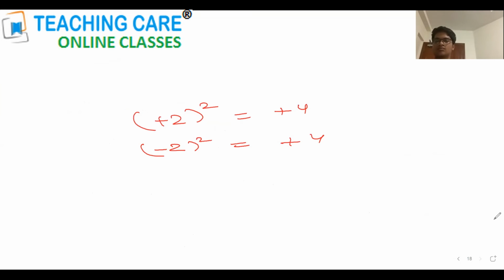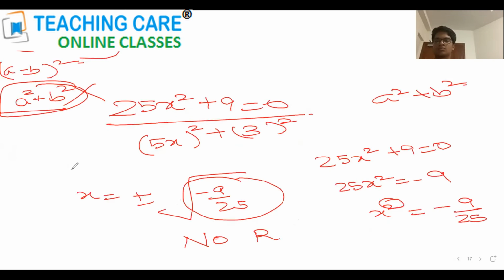That's why we apply plus and minus in front of the root like this. One is positive, another is negative. Got it? Think of it, yes. Not really. We will be discussing it, don't worry.